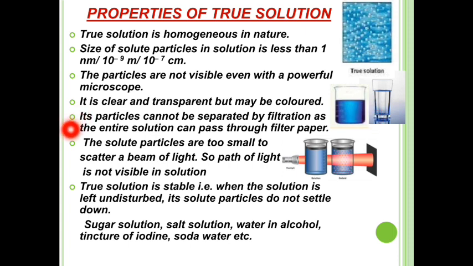Its particles cannot be separated by the filtration method, as the entire solution can pass through filter paper. You know, solute particles are very tiny and they can easily pass through filter paper. The solute particles are too small to scatter a beam of light, so the path of light is not visible in true solution.